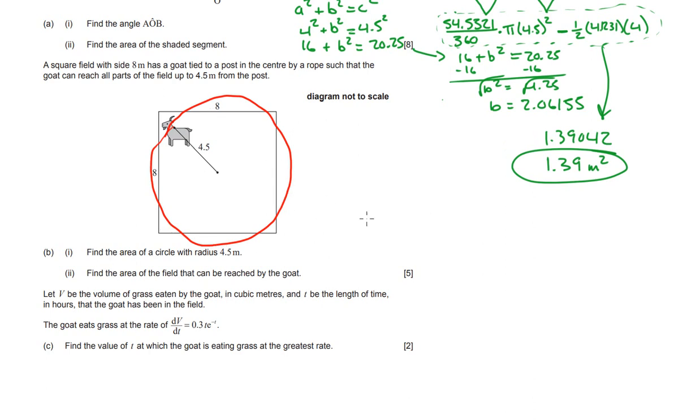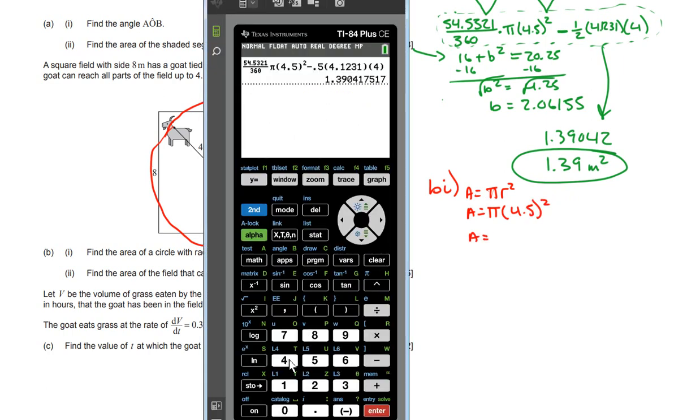So if we're going to do B part I, area of a circle is going to be pi r squared, right? So area is going to equal pi times the radius of this thing, 4.5, squared.